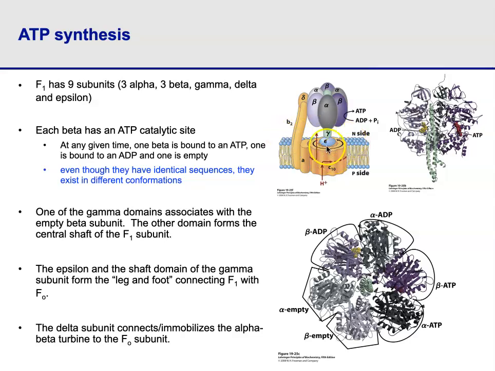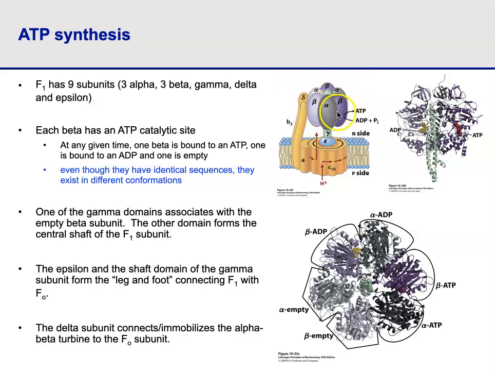The epsilon and the gamma are sometimes referred to as the foot and the leg of the ATP synthase. The delta subunit connects and immobilizes the alpha, beta, and gamma structure to the F naught part of the enzyme, and so this part actually does not move.